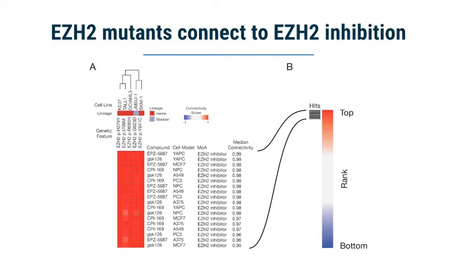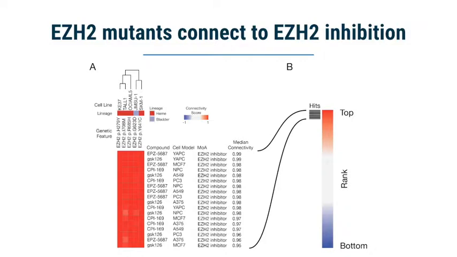So that's a perfect result. And in fact, if you look at the whole list, this is 540, all the EZH2s are up there. So it's not even a pretty picture because all the lines are too close together at the top. But this is a really positive result for us.